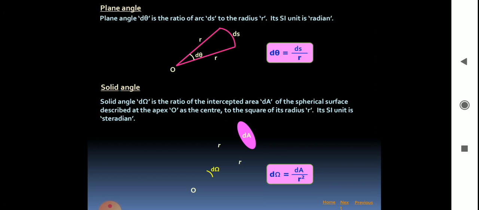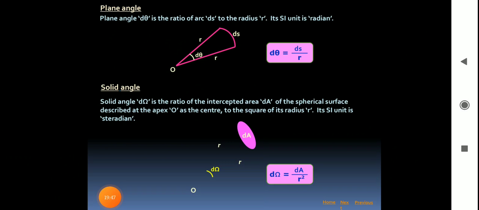Radian is used to measure an angle in a plane, whereas steradian is used to measure a solid angle.